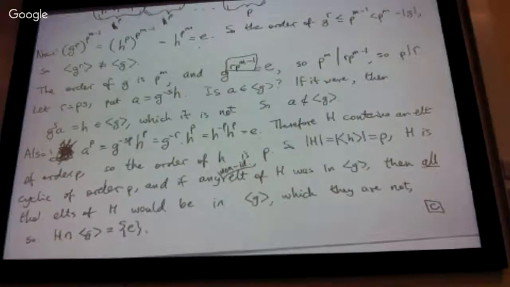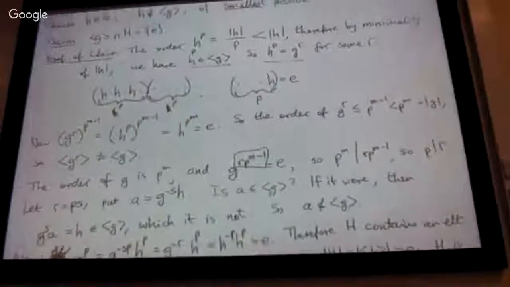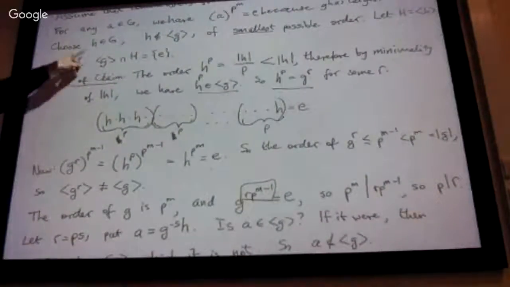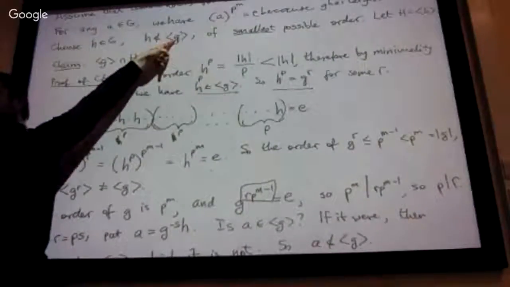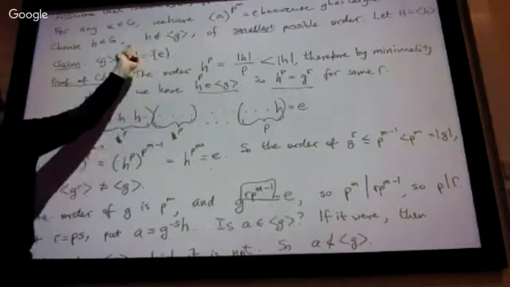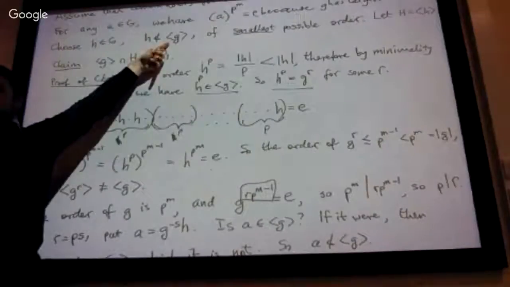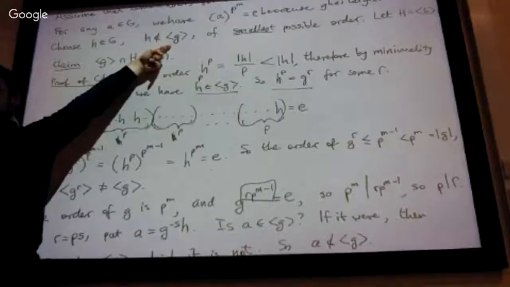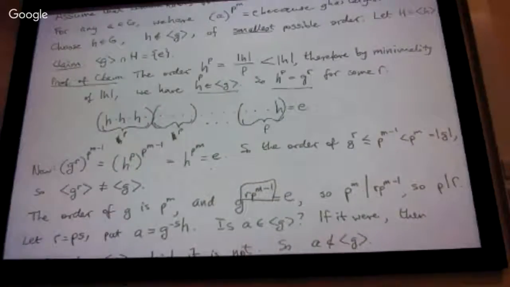I'm confused. So there is an element of G which is of order p, which is not in that. Remember, we were choosing this, which was not in there, and it had the smallest possible order. And we found something that has order p, which is not there. So the thing of smallest possible order, which is not there, must necessarily be of order p. Okay, yes, now I understand it.